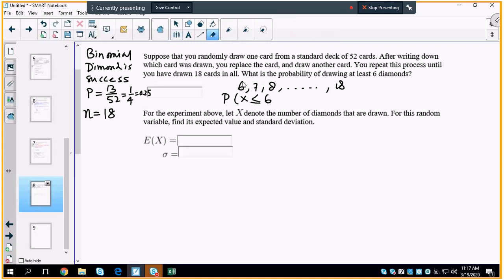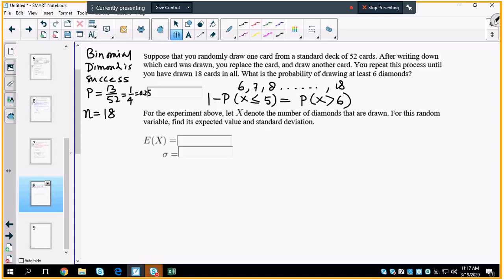I'm sorry, less than or equal to 5. So what is that going to mean? It means I have no diamond, or 1 diamond, or 2 diamonds or 3 diamonds or 4 diamonds or 5 diamonds. So if I find that probability x is less than or equal to 5, and subtract it from the total probability 1, I get probability of x greater than or equal to 6.